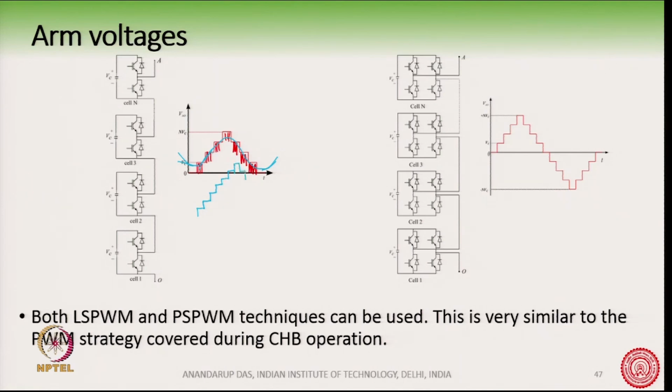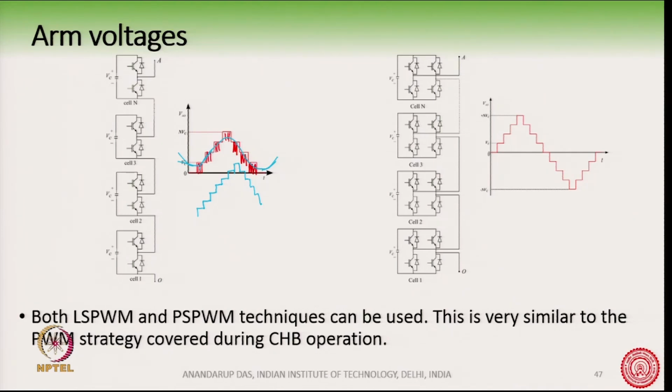If the number of pulses is very large, because the height of each pulse becomes so small, the PWM or the switching action is not at all needed, if the steps are so small in size.